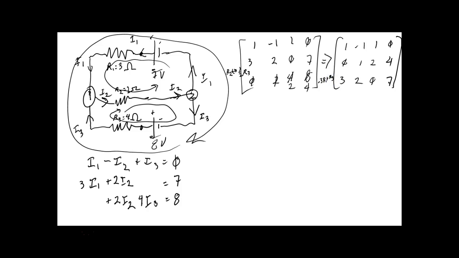It doesn't matter how you do it, but I'll do it that way. So row 1 stays the same, 1, minus 1, 1, 0. Row 2 stays the same, 0, 1, 2, 4. And the new row 3 will be -3 times 1 is -3 plus 3 is 0.